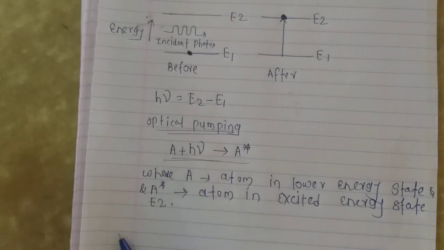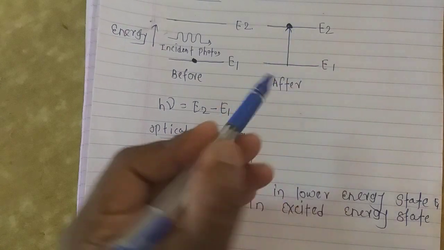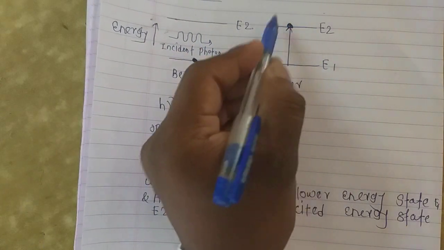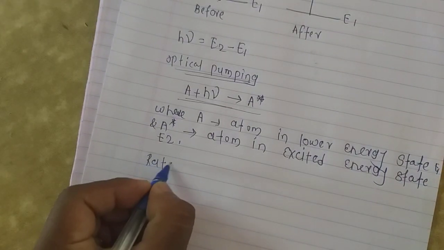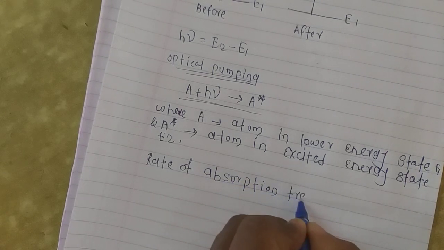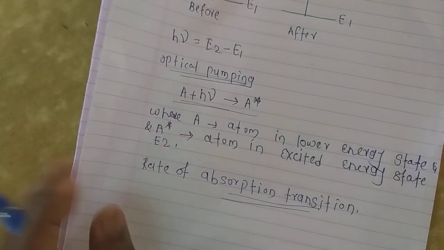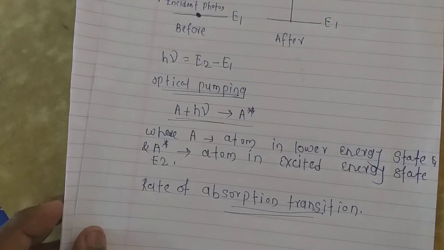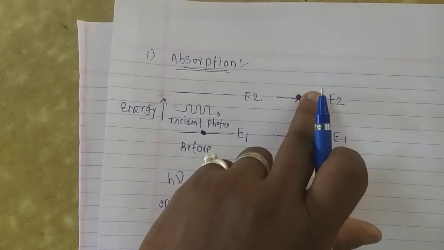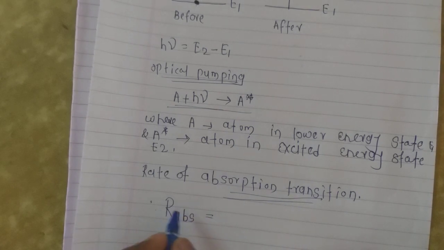The number of atoms per unit volume is known as the population. The number of atoms per unit volume that make the upward transition from the lower level to the higher level per second is called the rate of absorption transition.